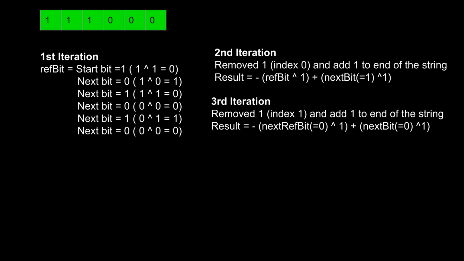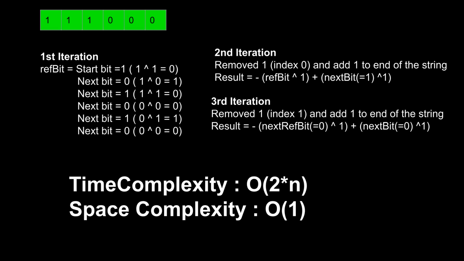The next of the reference bit is going to be 0 because previously it was 1. And the next bit is 0 because the next bit was 1 there. So in this way, we're going to solve this problem. For the solution, the time complexity is O of 2n, and the space complexity is O of 1 because we are not taking any extra space here.